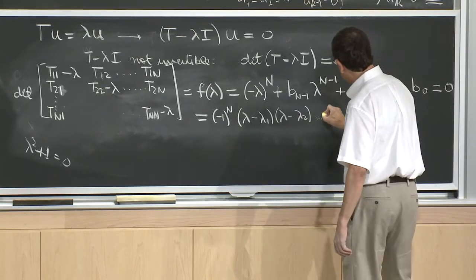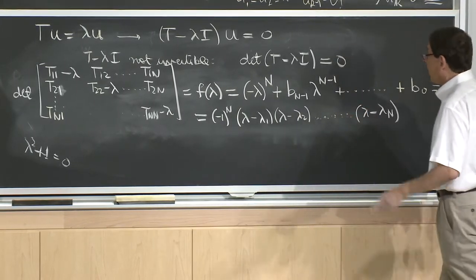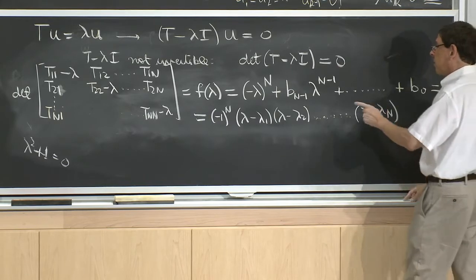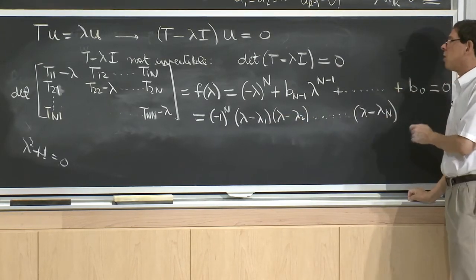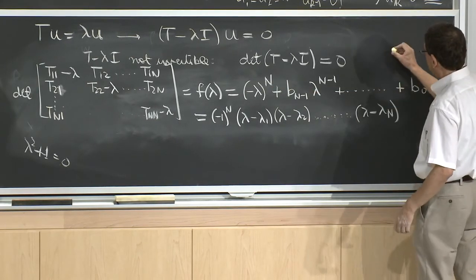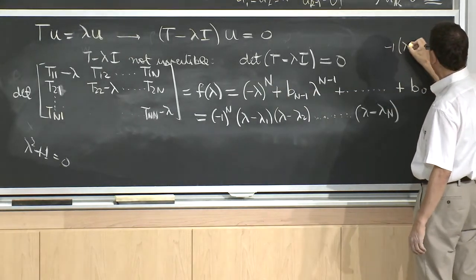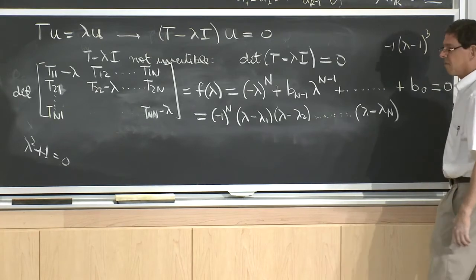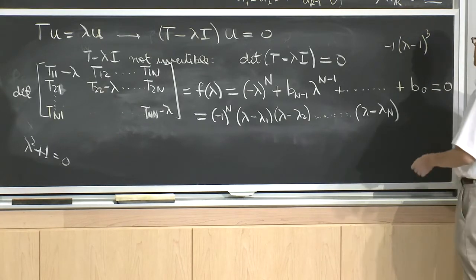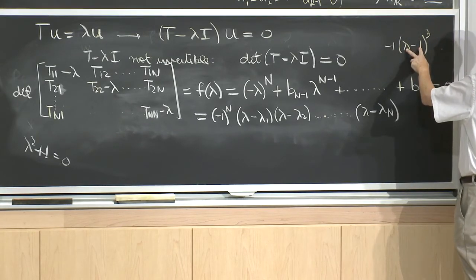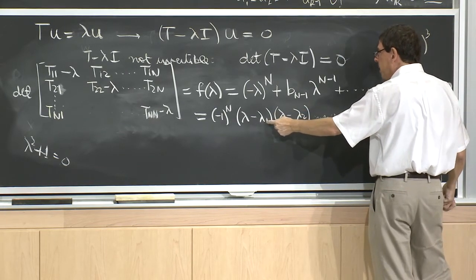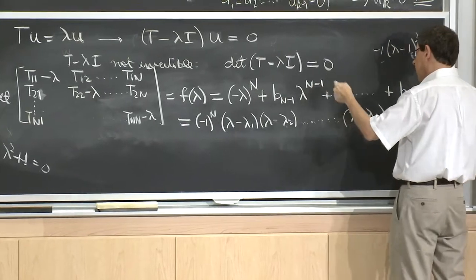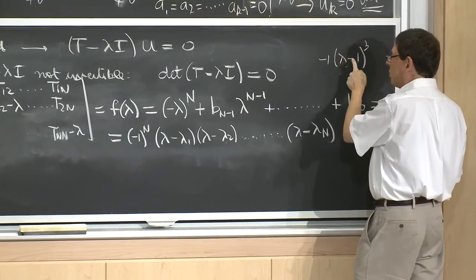In fact, this is the general situation if you take into account the possibility that some lambdas may be the same. Because it may be that this whole polynomial is minus 1 times lambda minus 1 cubed for a 3 by 3 matrix. And then you would say, this eigenvalue appears 3 times. So lambda 1 is 1, lambda 2 is 1, and lambda 3 is 1.